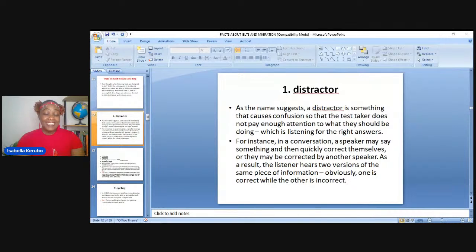So you, the test taker, will hear two different versions of the information being relayed, and obviously one is correct and the other is wrong. But like I said, all the options you'll find in the choices. Let's take this example.